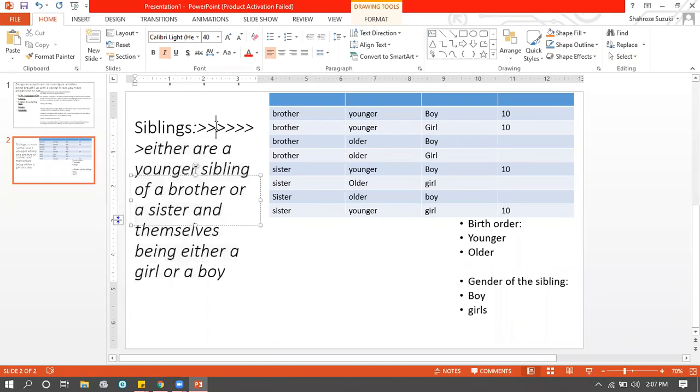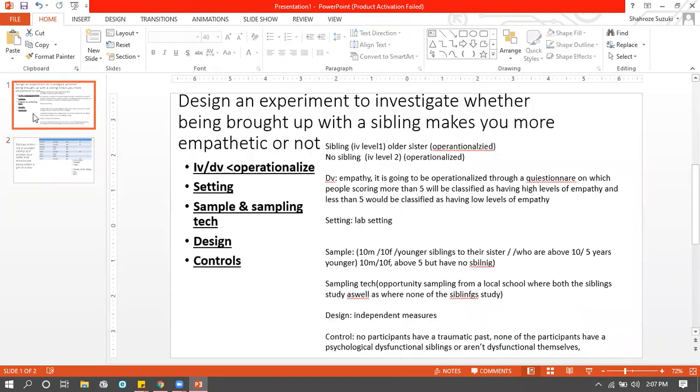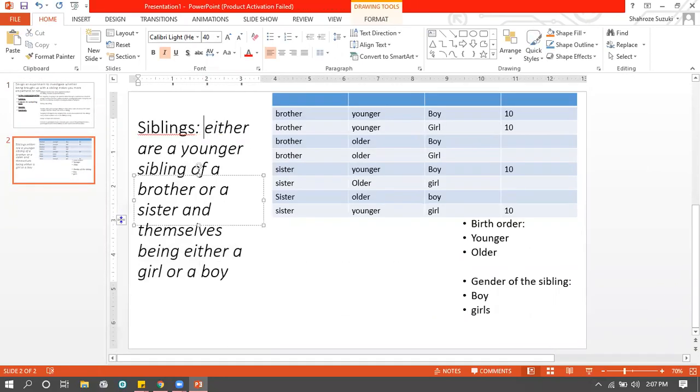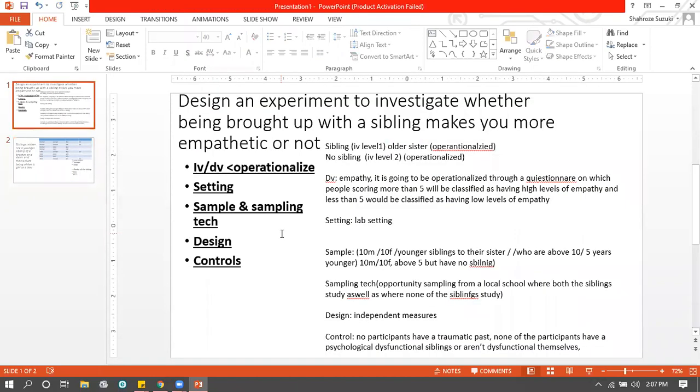You need to specifically tell the experimenter exactly what sort of people or siblings I mean by siblings. That's what operational definition means. It is difficult and tedious, but that's what specifically defining things means. So now that we have our sample, now we have our design.